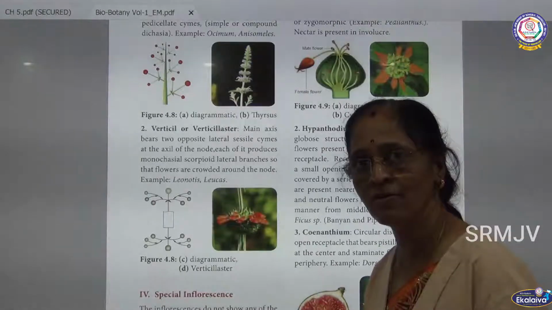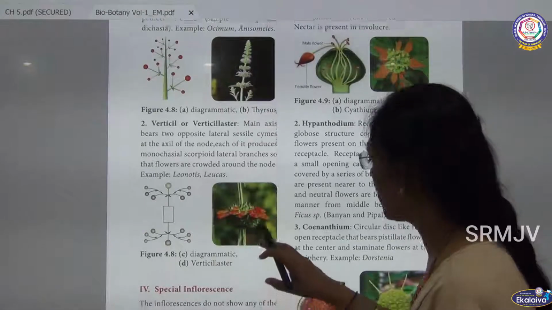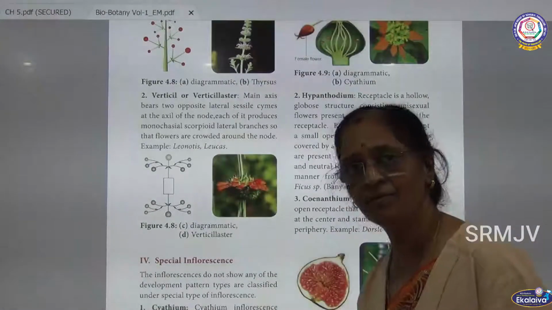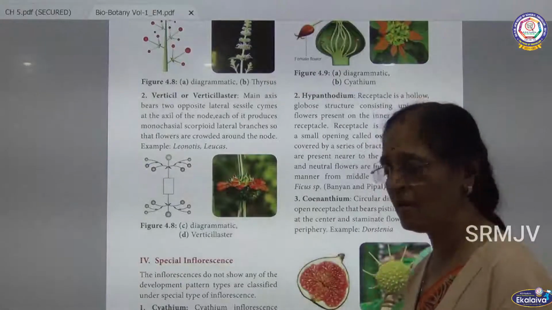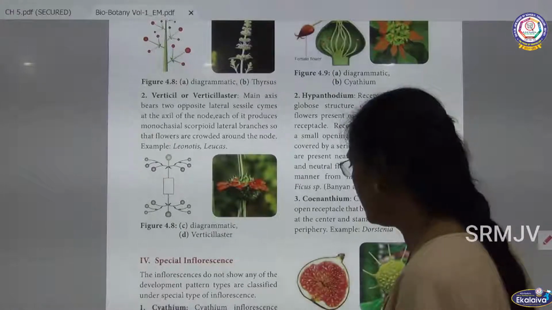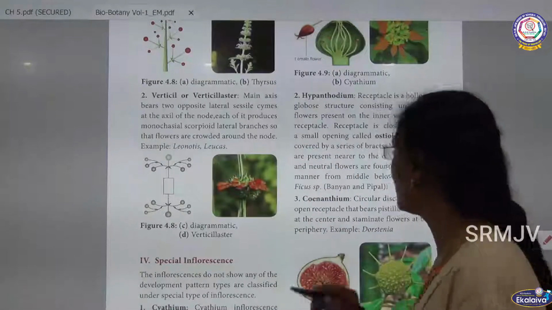Then we look into the special types of inflorescence, and in this we are going to look at only one example. This is the characteristic feature of the Euphorbiaceae family, what we call cyathium. It consists of unisexual flowers.